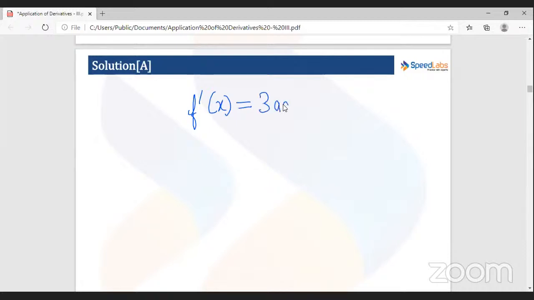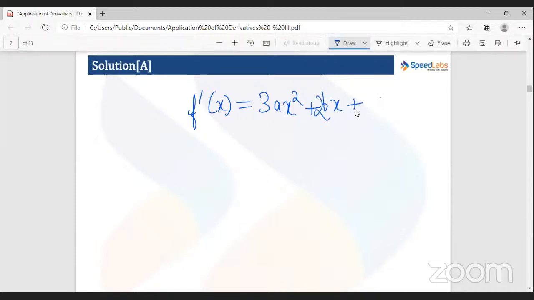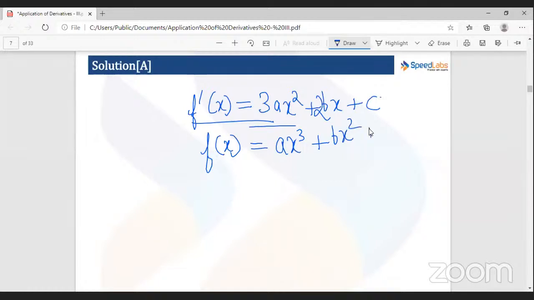So f dash x is 3ax square plus 2bx plus c. Now if f dash x is 3ax square plus 2bx plus c, then what will be fx? Fx will be ax cube plus bx square plus cx plus d.